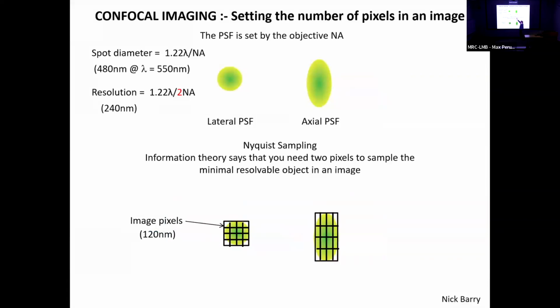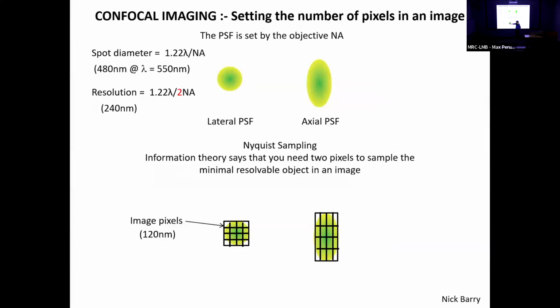Sampling theory tells us that, well, let's actually go back one. Abbe's resolution criterion told us that the resolution was 1.22 lambda over 2NA, which is basically half the diameter of that spot. Sampling theory says that we need 2 pixels to sample the finest resolvable detail, the minimal resolvable object. So we need 4 pixels across a PSF like that.